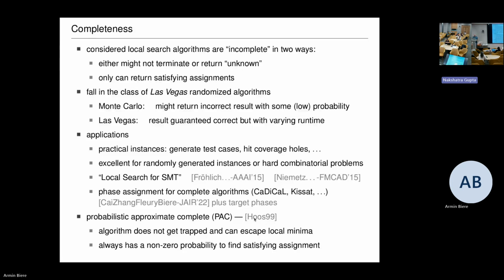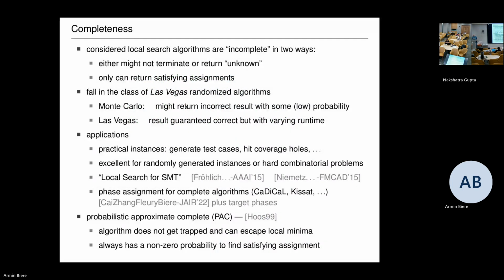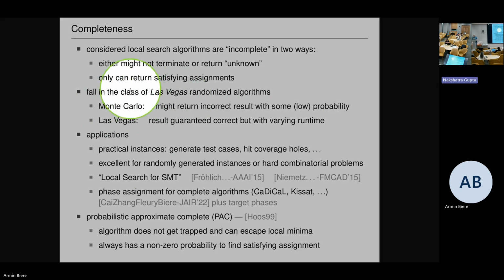So they're not like Monte Carlo algorithms, which are only probabilistically correct. But some people here implemented this GANAK solver for model counting, and there we actually have a model counter which falls in this first class.